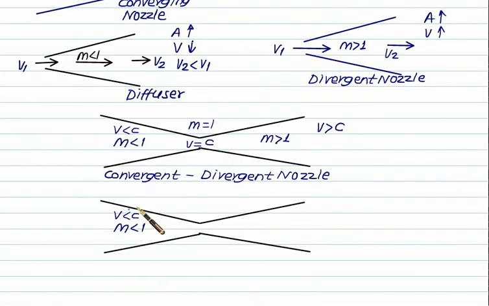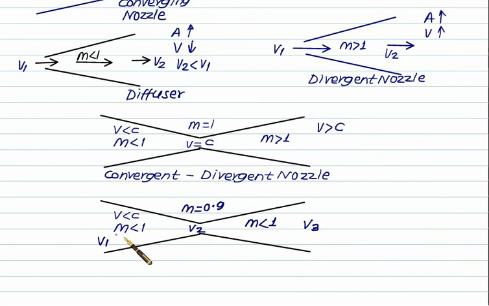Suppose we use the same shape here, but in the convergent part we have a Mach number less than 1, and at the throat section suppose we have a Mach number equal to 0.9. Now in this case, since it is 0.9 here, this is also a Mach number less than 1. So this time initially the velocity will increase in this section. Let's say this one is V1, this one is V2, and this one is V3.